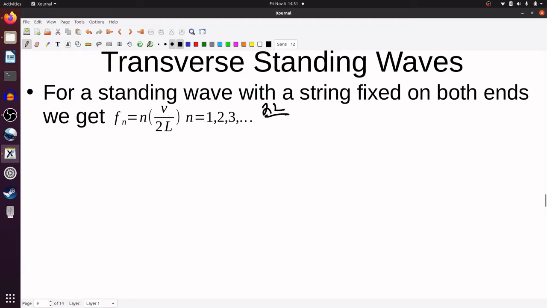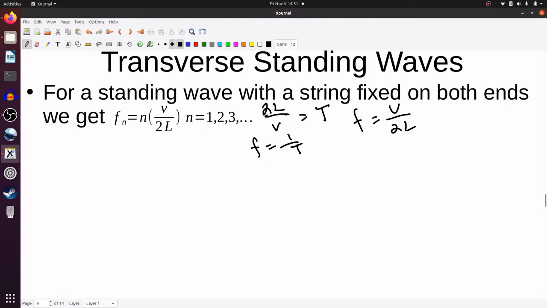So, if I take that twice the length of the string and divide it by v, the velocity of said wave, I actually get the period. Therefore, since frequency is equal to 1 over the period, I know that frequency is going to be v over 2L. And when I showed you that example originally, I did it for the first harmonic.